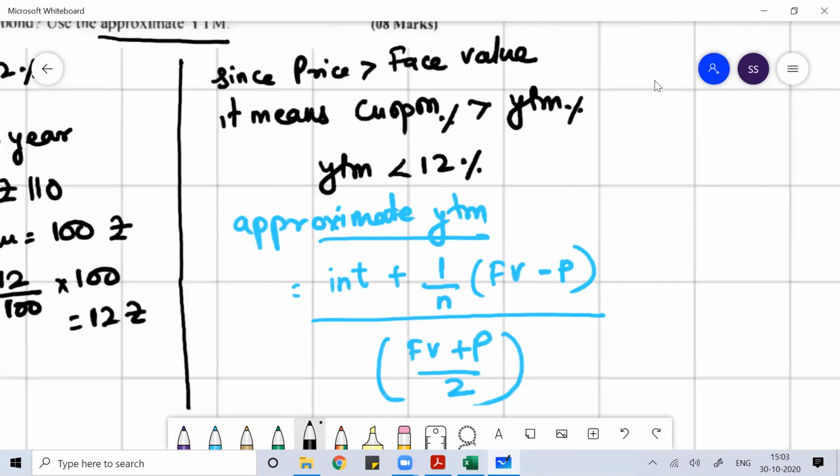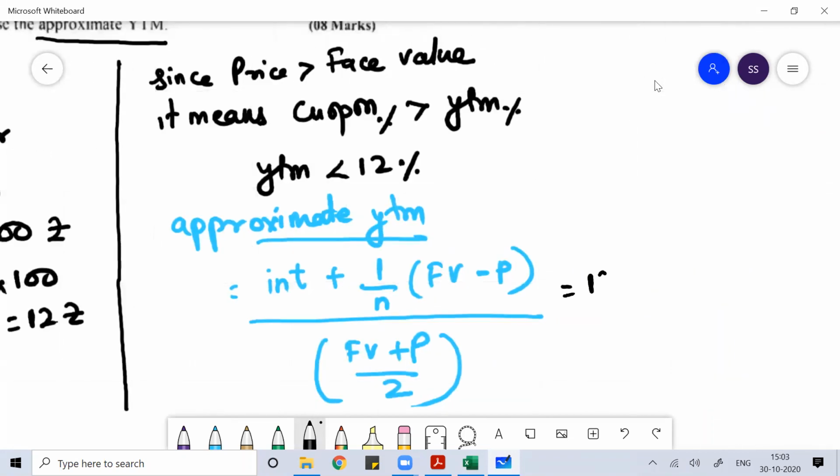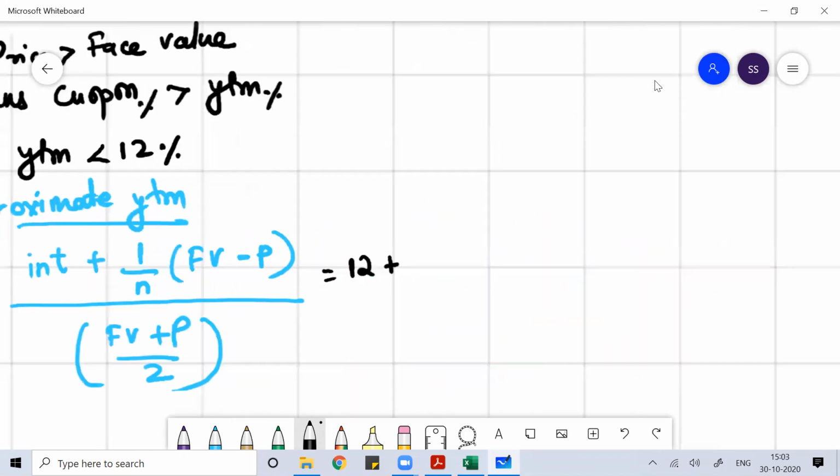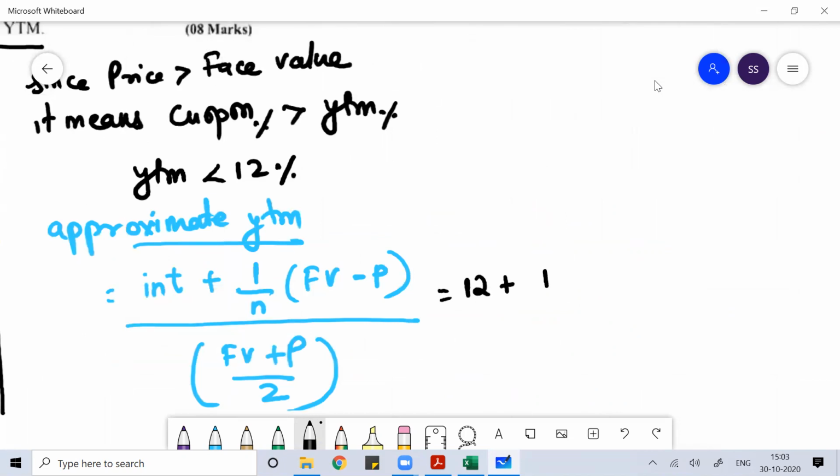So here your coupon is equal to 12 rupees. 1 by n, the life is 6 years. Then face value is 100.